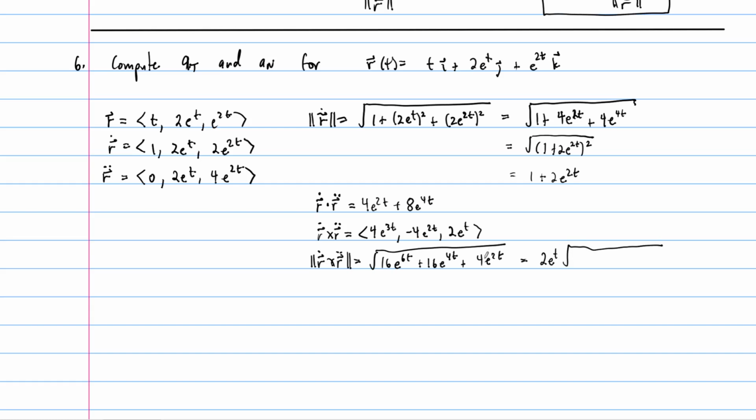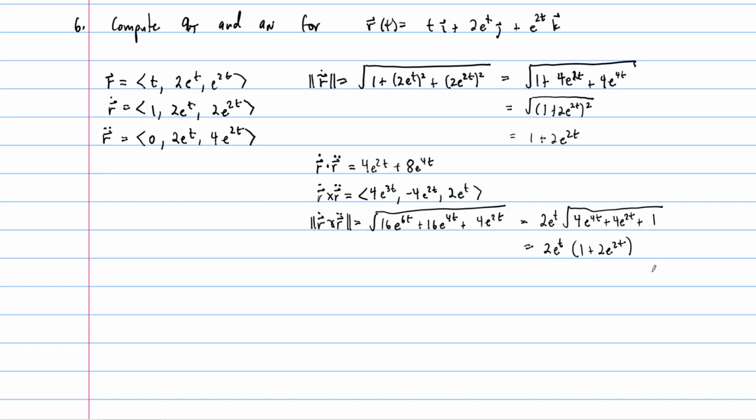So we're taking out 4e to the 2t from each, right? So this is going to be 4e to the 4t plus 4e to the 2t plus, that's going to leave us with 1. And this is exactly what we did right here, right? So we already know exactly how that works. It's just in a different order, but it's the exact same term. So this is just going to be 2e to the t times our function here, 1 plus 2e to the 2t. And we can write out our components of acceleration then, right?